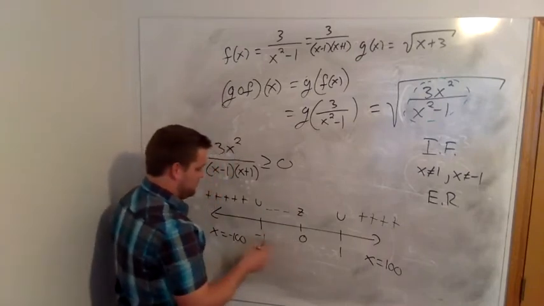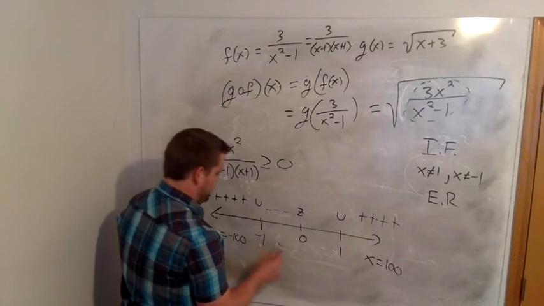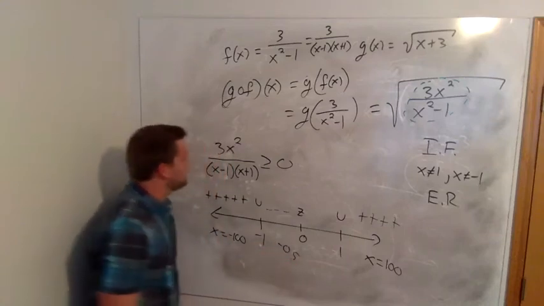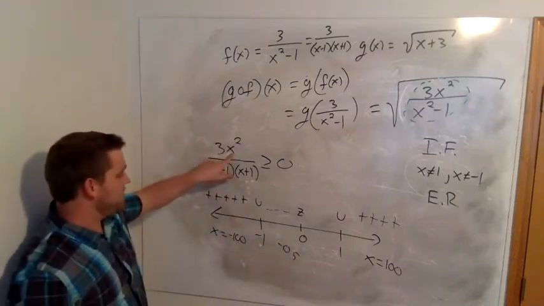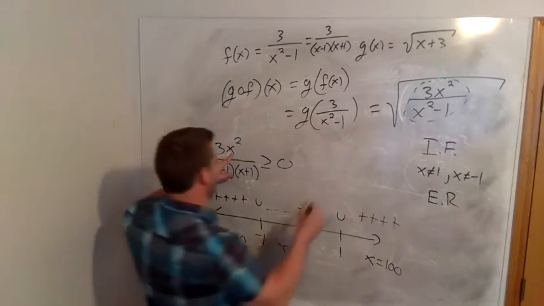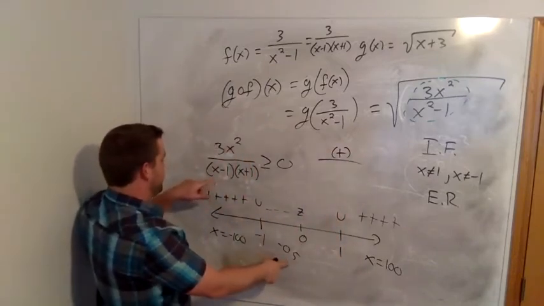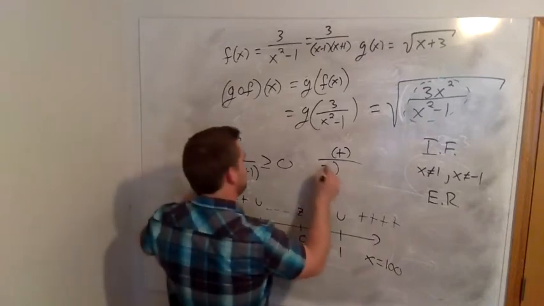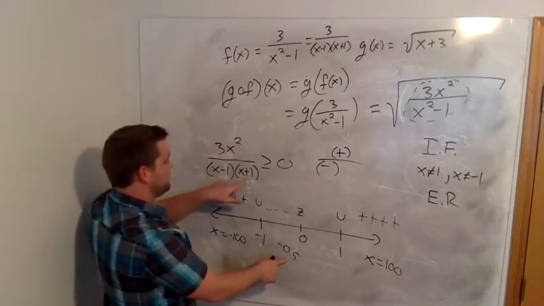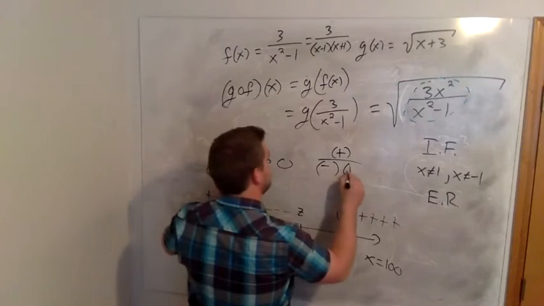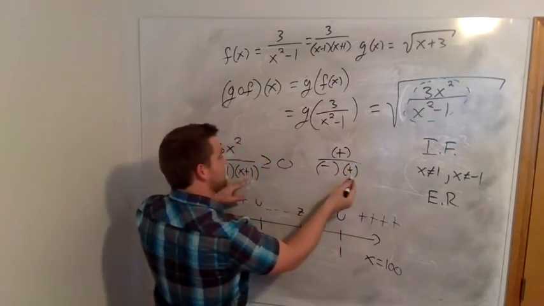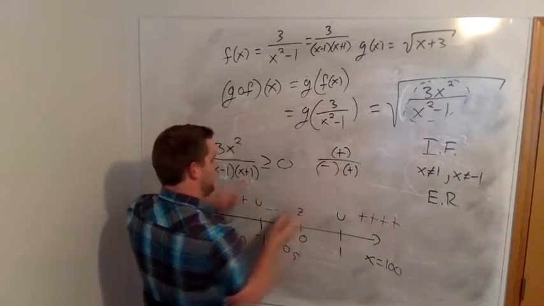What's a number between 0 and negative 1? How about negative 0.5? If I take negative 0.5 and I square it, that'll be positive. If I subtract 1, that's still negative. And if I add 1, that's positive. So I have a positive, a negative times a positive is a negative, a positive over a negative is negative.